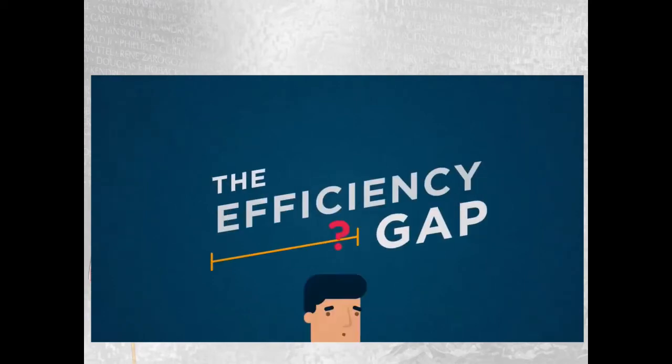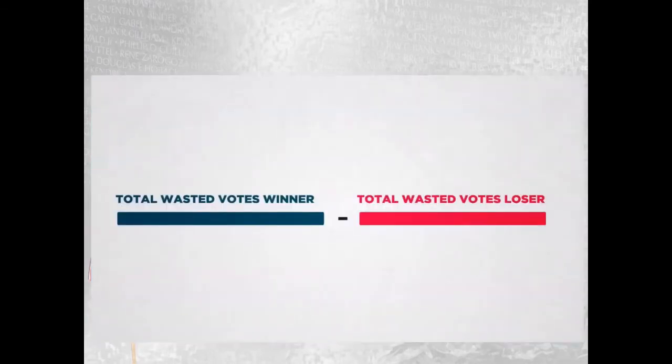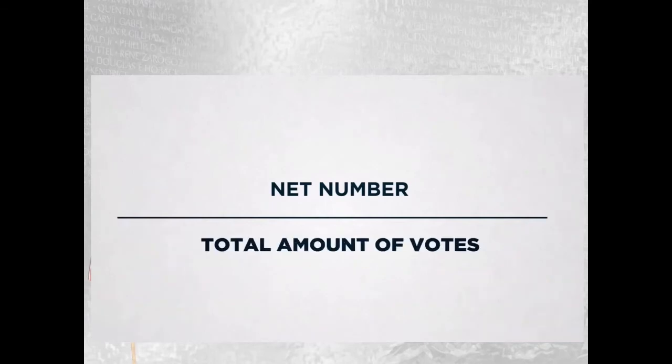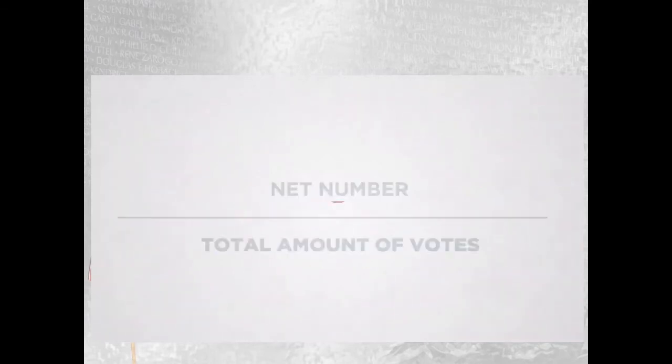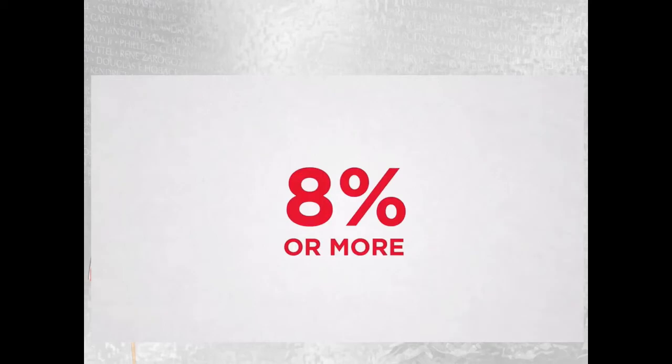I don't expect you to grab this in one gulp, but here's what they do. Take the number of wasted votes for the winner and for the loser, subtract the smaller number from the larger number like this, you get a net number, divide that number by the total number of votes cast. If the proportion of wasted votes is too high, something's wrong. Generally, if that gap is 8% or more, that's a red flag.